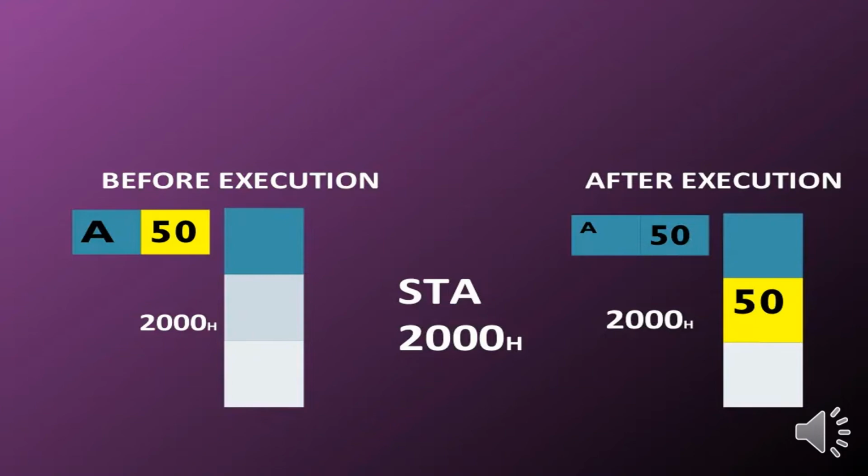Before execution of STA, 2000H stores any 8-bit value, and after execution it holds the accumulator content. 2000H is nothing but a memory location address, pointed to by the HL register pair or memory pointer.